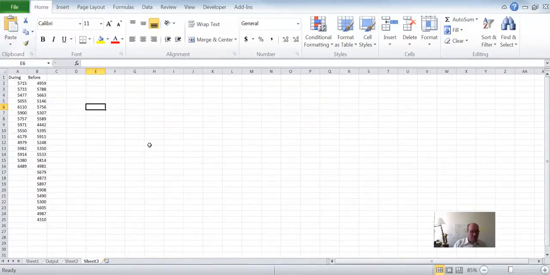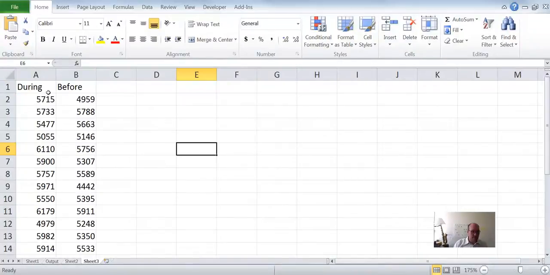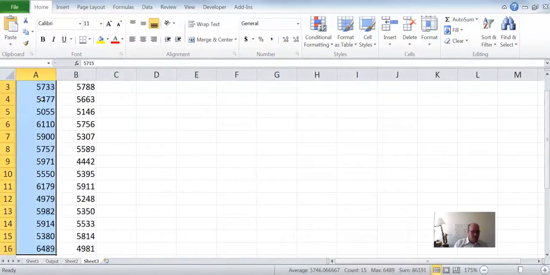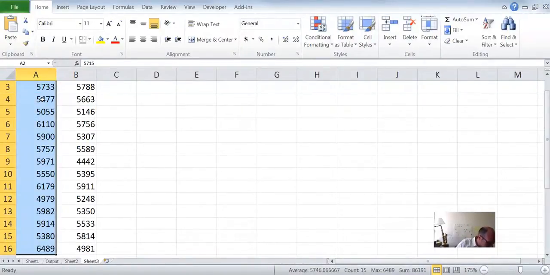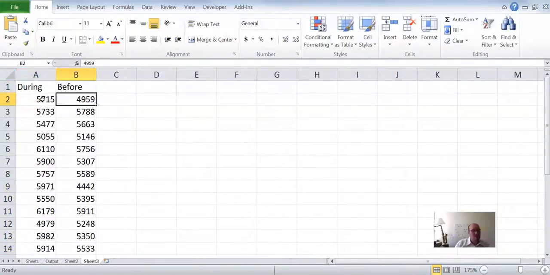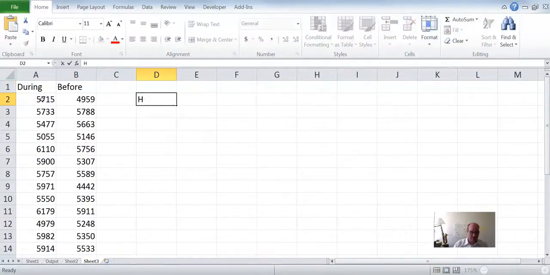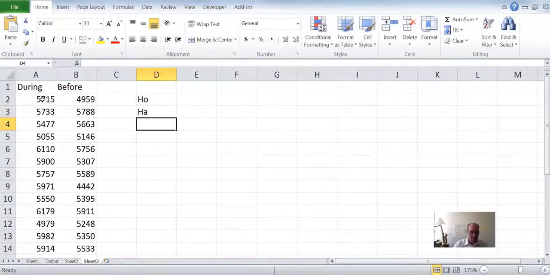Alright, so we got this data here, before and after. So here's the 15 weeks during, the 15 weeks after the campaign began, and the 24 weeks before the campaign. Okay, got it. So let's first set up what our null and alternative hypothesis should be.